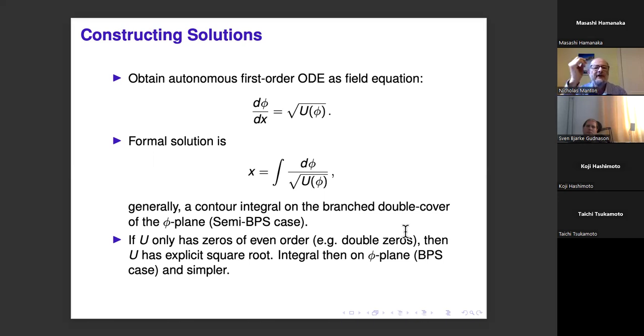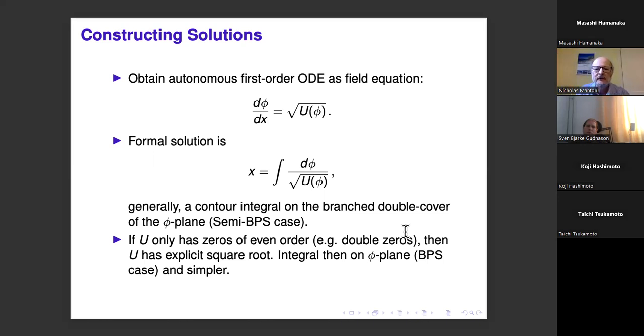Now, if U only has zeros of even order, for example, double zeros, then you don't get any branching. Then U will have an explicit square root. So a polynomial can have an explicit square root, which is also a polynomial, and you don't need any more square root signs. But generally, that's not true. It depends whether the zeros are of even order or of odd order.